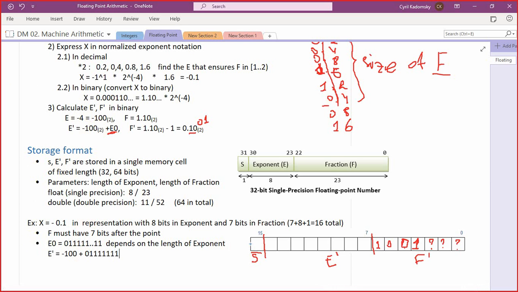In total we have 8 bits here, so we count 3, 4, 5, 6, 7, 8. Okay, this is the bias, this is the actual exponent, and we must do this adding up, just the usual adding of binary numbers, or actually subtracting binary numbers because one of them is negative.